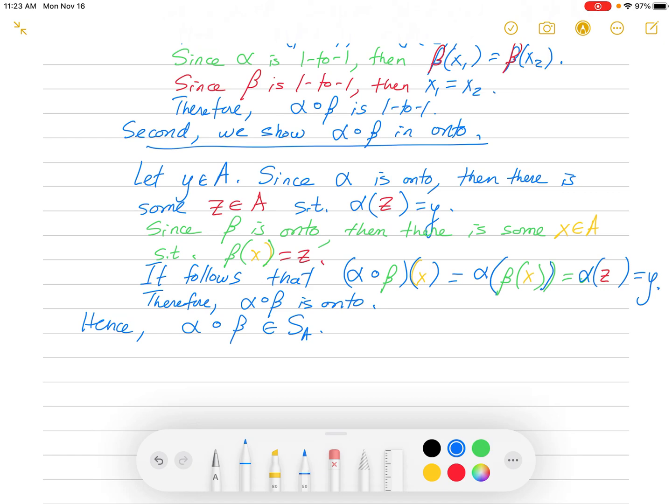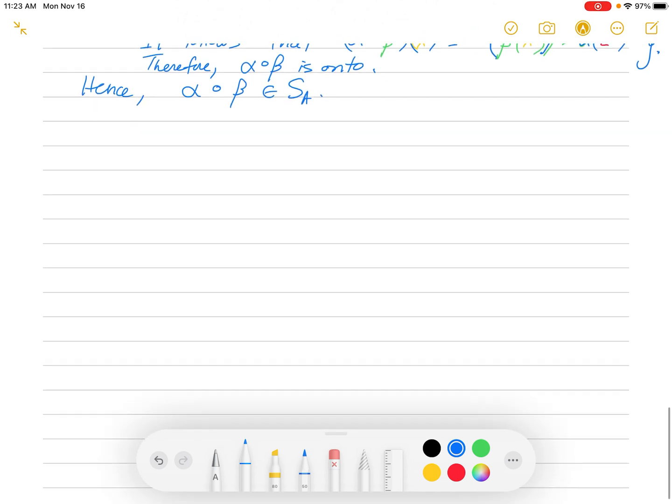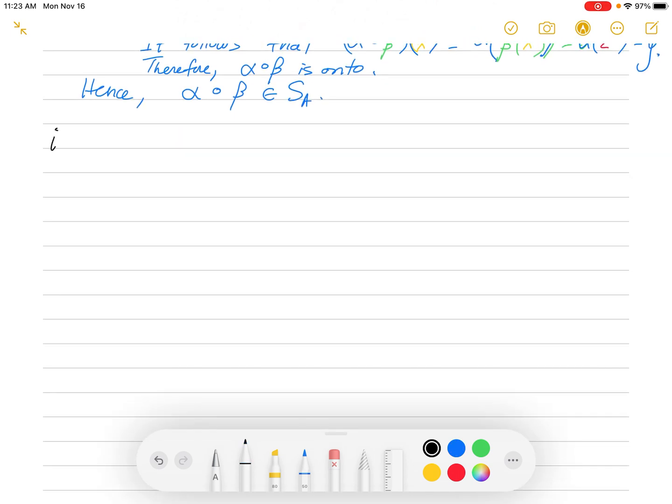Okay, let's do a second part to that. Let's show that functional composition is an associative operation, too.